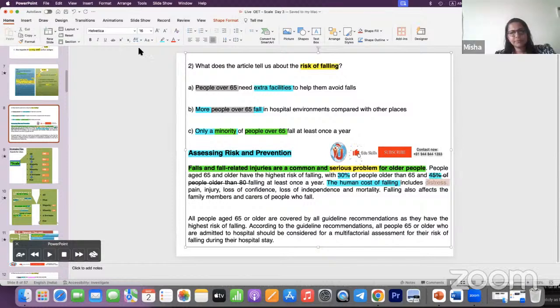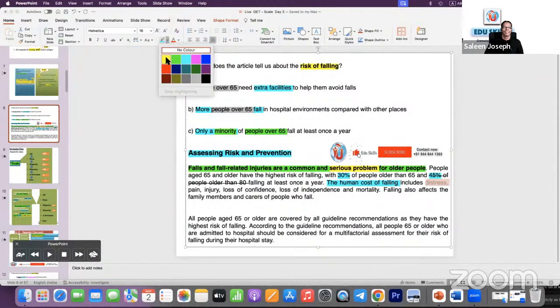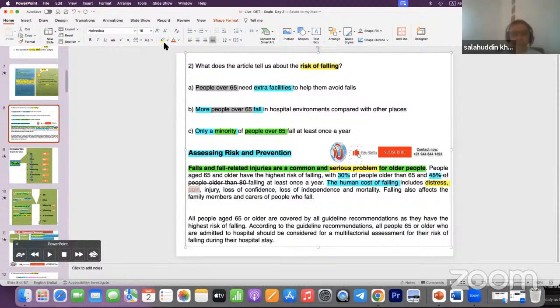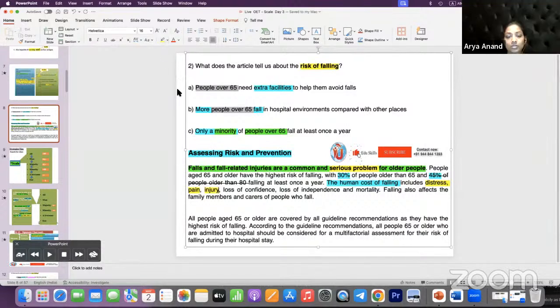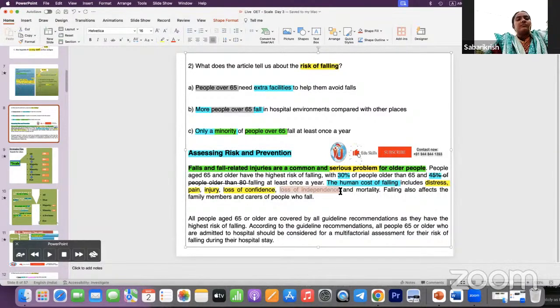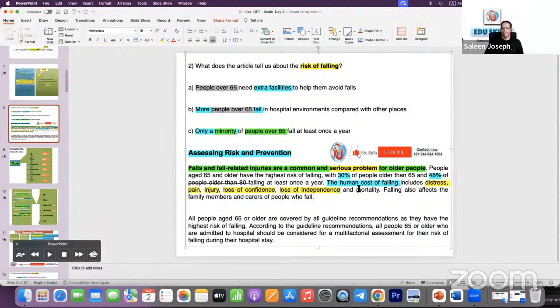One, distress. Then pain. Then injury. See the structure, how beautifully it is being developed. Loss of confidence, loss of independence and mortality. See how beautifully they have given 1, 2, 3, 4, the effect.